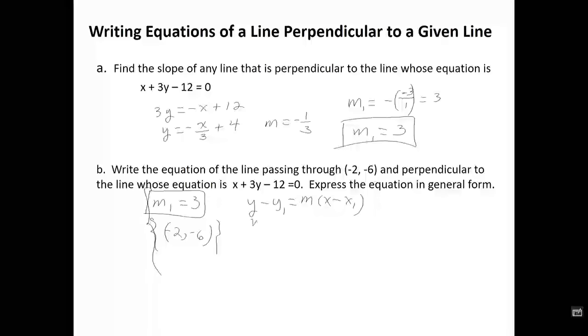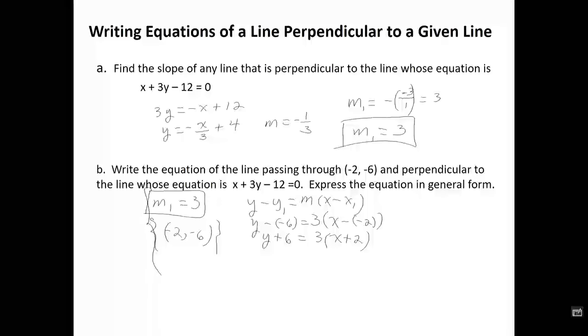So y minus the y coordinate of the given point, y - (-6), is equal to m, the slope is 3, times x minus the x coordinate of the given point, -2. Let's simplify. y + 6 = 3(x + 2).